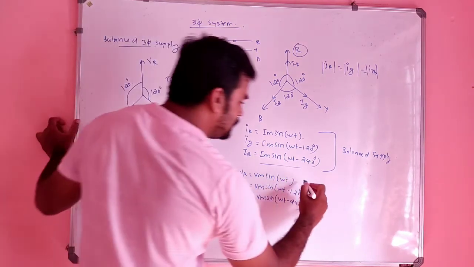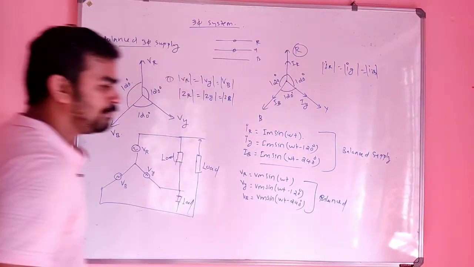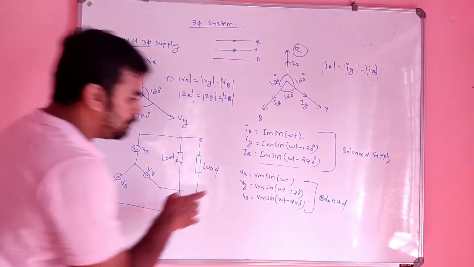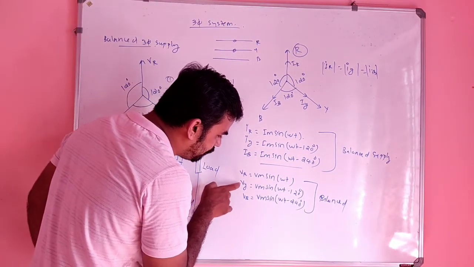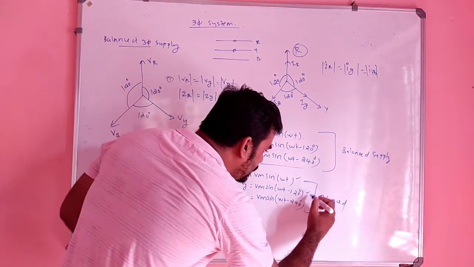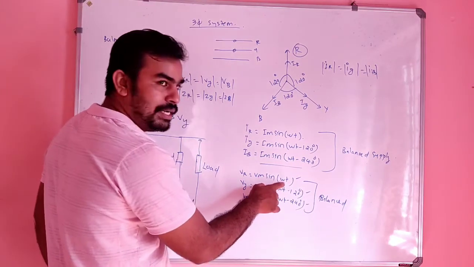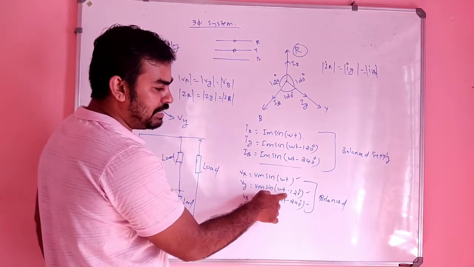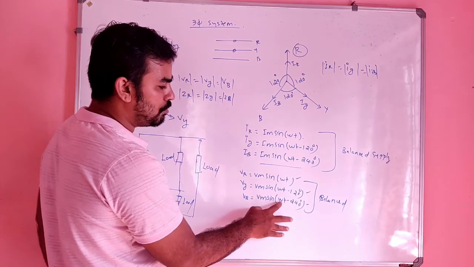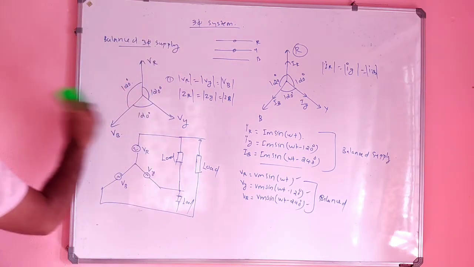This is also called balanced supply. But even though the magnitude of VR will be equal to Vy equal to Vb, the instantaneous value is not the same. In one it is simply omega t, in another it is omega t minus 120, in another it is omega t minus 240.